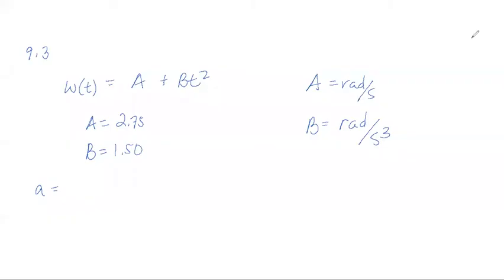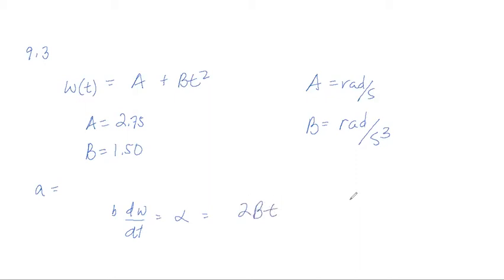Okay, B wants to know what is the angular acceleration of the wheel at t equals 0 and at t equals 5 seconds. So for B, d omega dt is going to give you alpha. It's going to be 2bt.